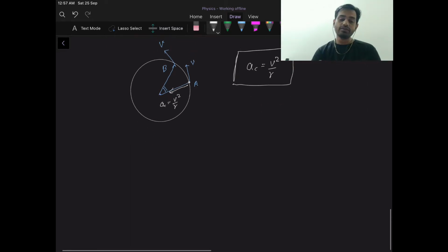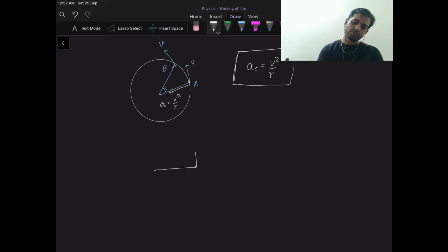Now what will be the tangential acceleration? At this moment when the particle is moving, its speed is also changing. The particle was moving something like this. If the speed is changing, then we can say that acceleration will be along the line of velocity.